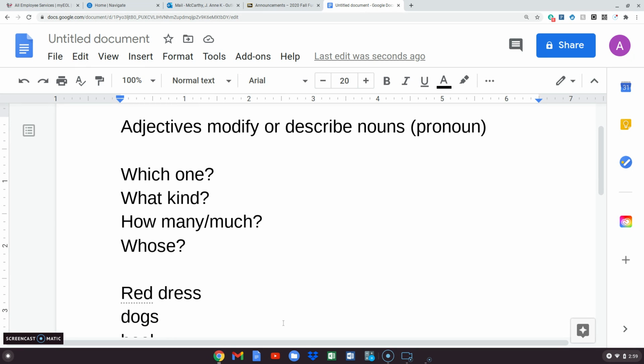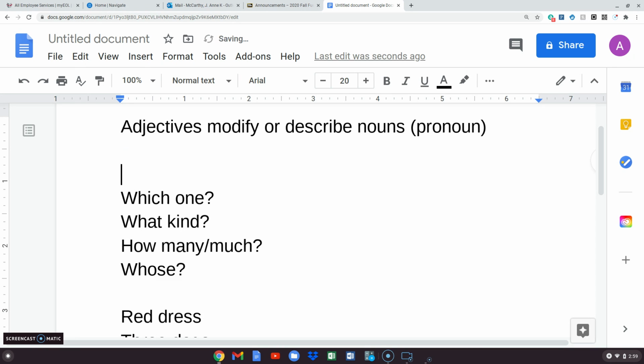If someone owns some dogs, and I said that Timmy owns 3 dogs, as soon as I put 3 there, it changes dogs. Now I know how many. Now, if you are in your math class and the answer to the problem is 3, then 3 is a noun because you're talking about the actual number 3. So as soon as you put that 3 in front of dogs, the context, remember that word context, I'm going to pop that up here.